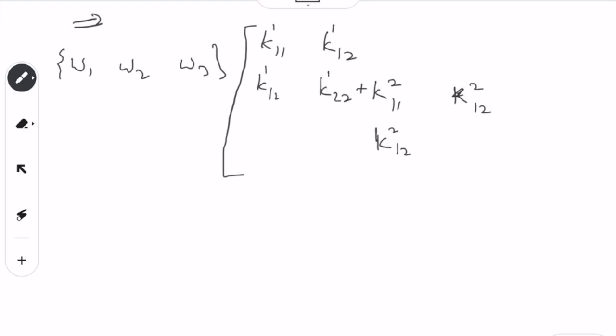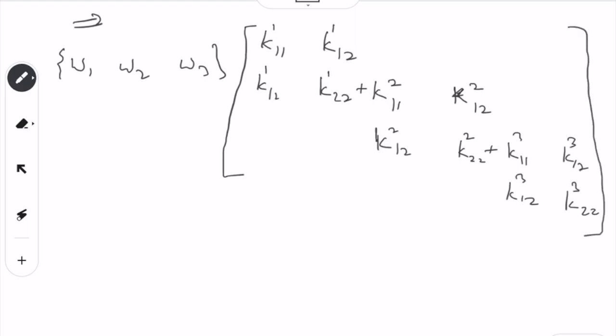Either you can write 12 or 21, it is the same thing, since both values are the same. Plus K22 of element number 2 plus K11 of element number 3, K12 of element number 3, K12 of element number 3, and K22 of element number 3. So, we get this one.